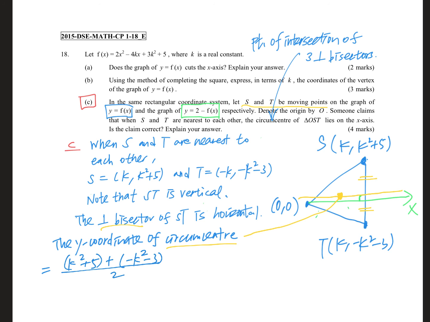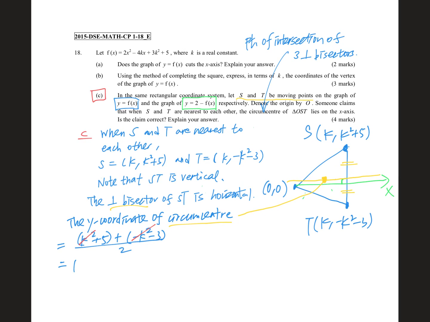You can see that k squared cancels with negative k squared, and then 5 minus 3 is 2. So the y coordinate is 1, and it does not equal 0.